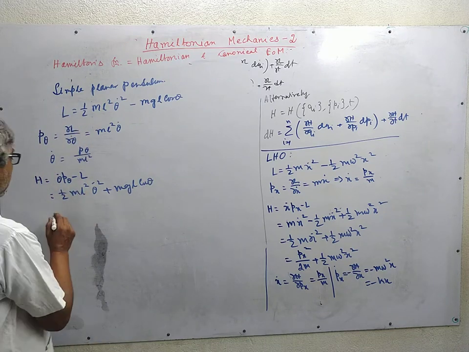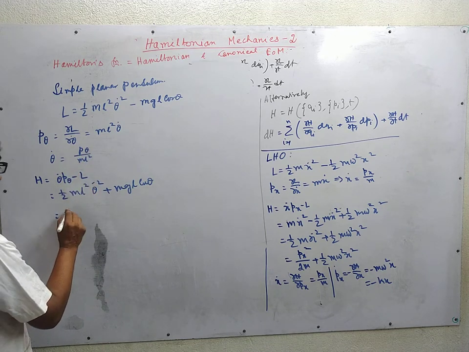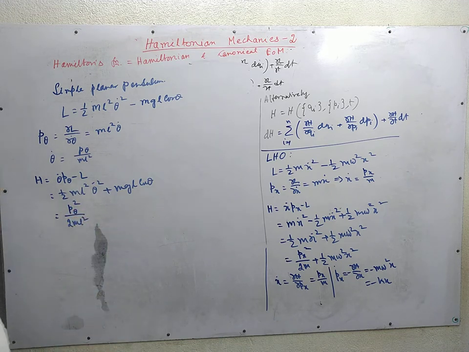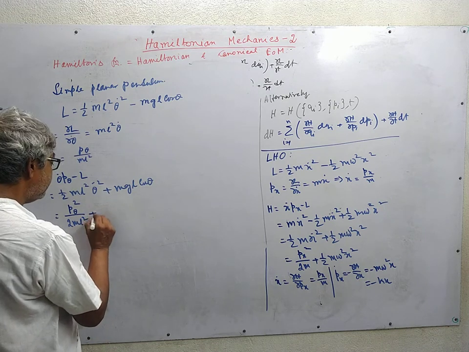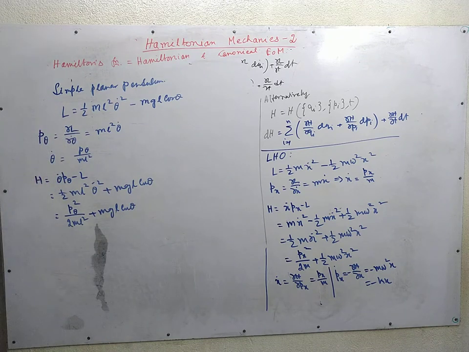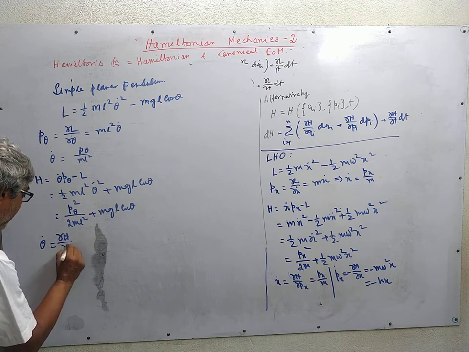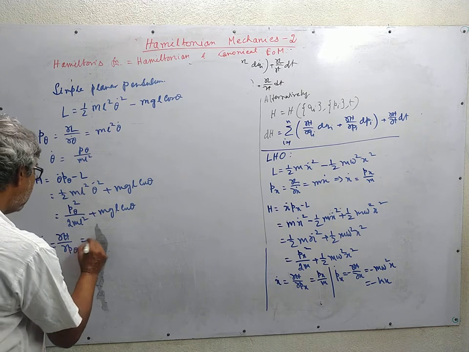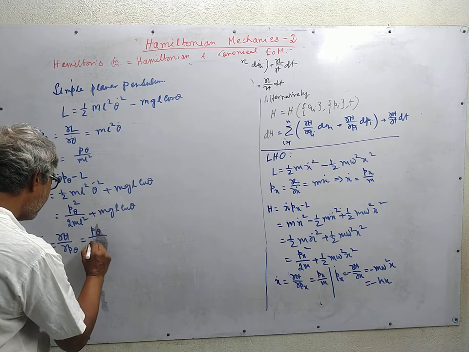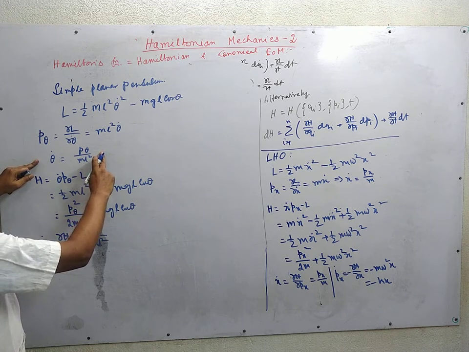And here again we replace theta dot by p theta by ml square, so this is p theta square upon 2ml square plus mgl cos theta. So theta dot is equal to del H del p theta, which is equal to p theta by ml square. This equation and this equation are the same.